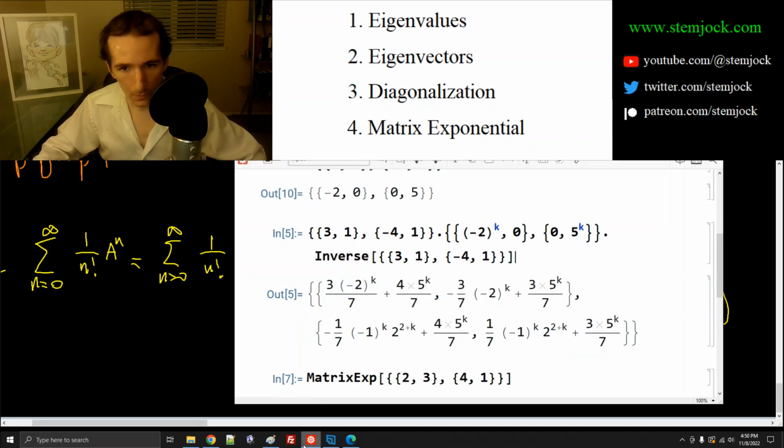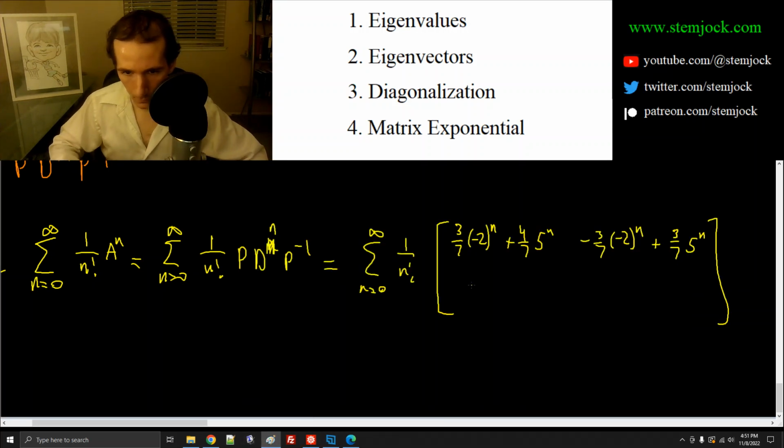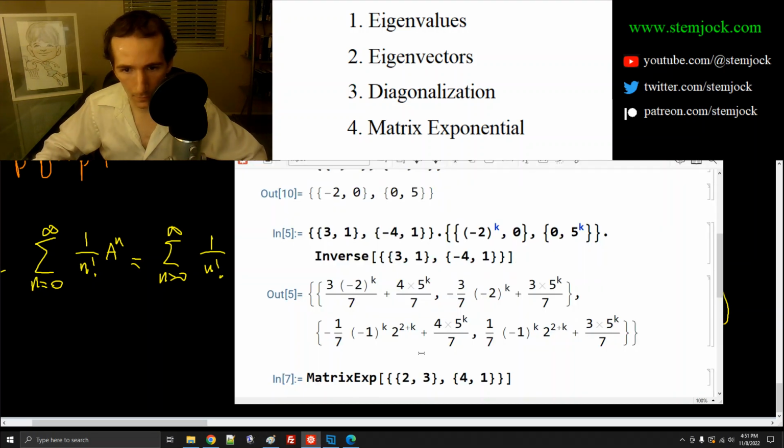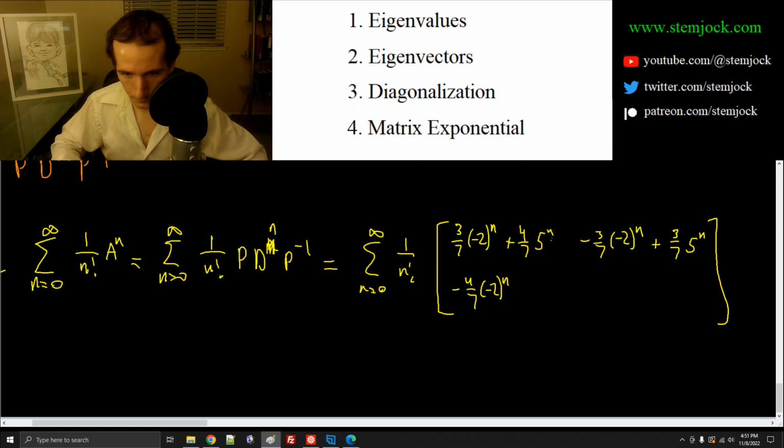All right, now the bottom left entry, that's going to be negative 4/7 times negative 2 to the power of n. And then plus 4/7 times 5 to the power of n.